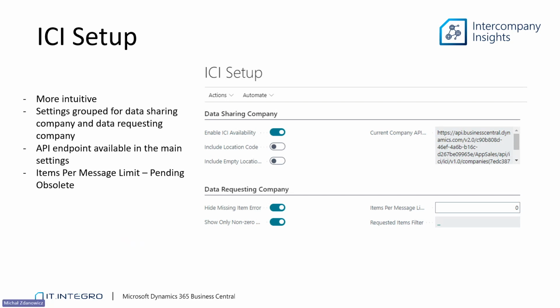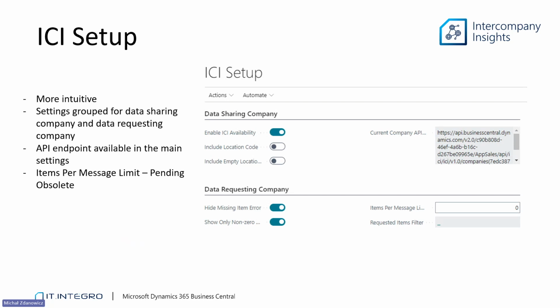Moreover, we have marked the field items per message limit as pending obsolete. So this field will be removed in the future. I will tell you more about obsoleting this field, and actually part of the functionality, later on, because we decided to change the communication method for the application.